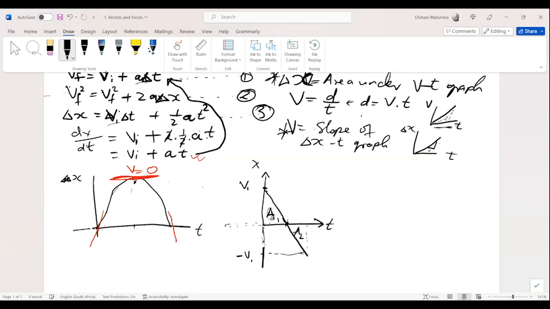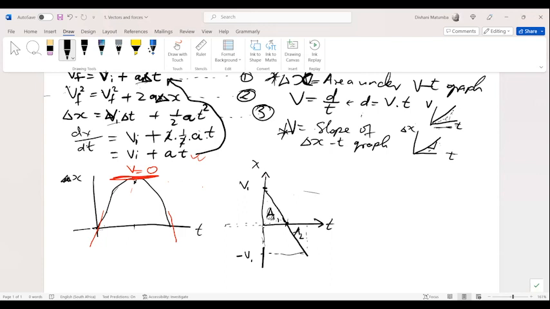And that will be the displacement when the object has reached its peak. If you find the area under the velocity time graph, you will get the displacement of the object from the ground after you've thrown it, just at the equilibrium point, at this point.